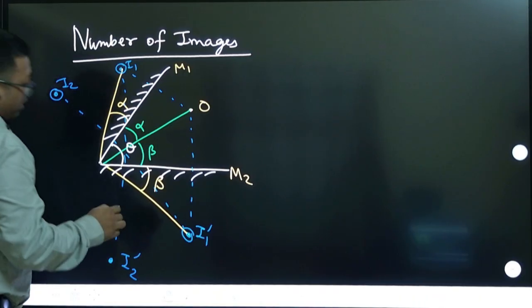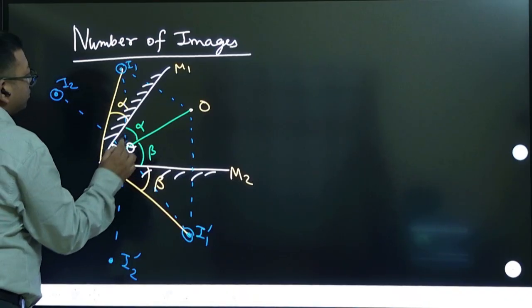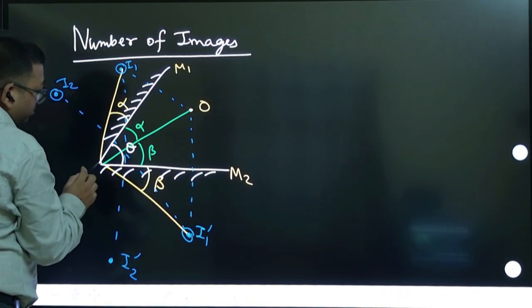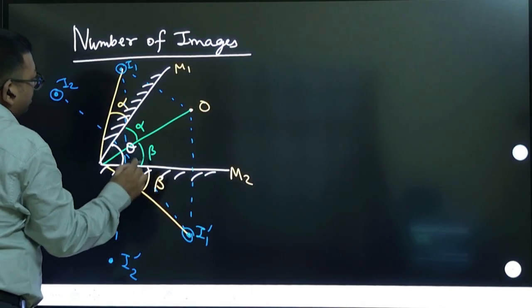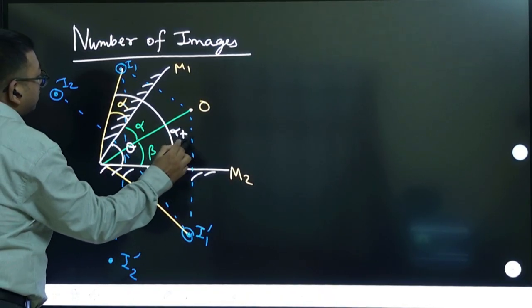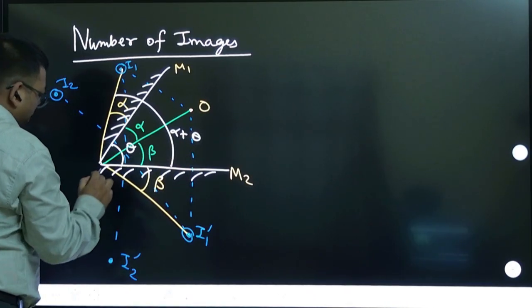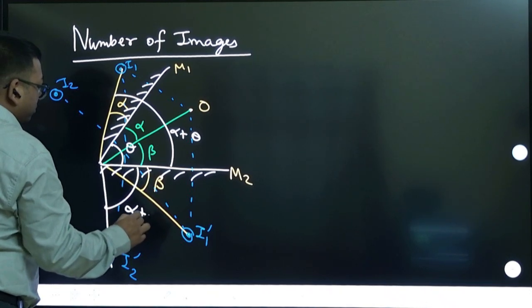Okay. So again, what will be the angles, if you are looking for the angles? If you see with this mirror, how much angle was this making? This total is theta. This is forming alpha plus theta. Same way, this will be making alpha plus theta here also.